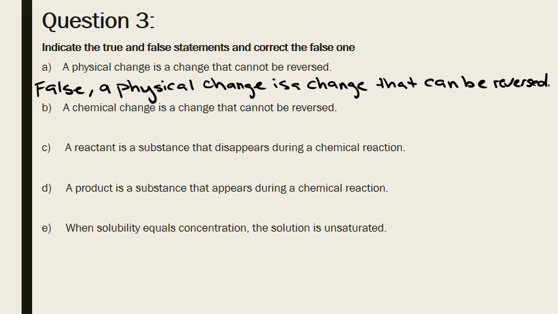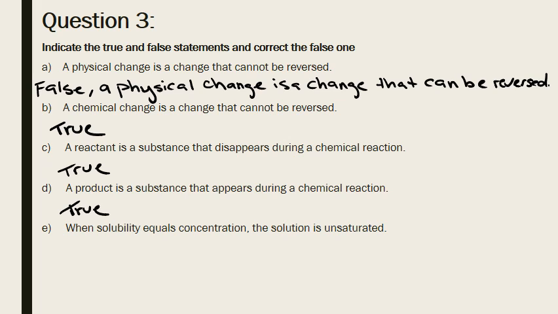A chemical change is a change that cannot be reversed. That's true. A reactant is a substance that disappears during a chemical reaction. This is also true.